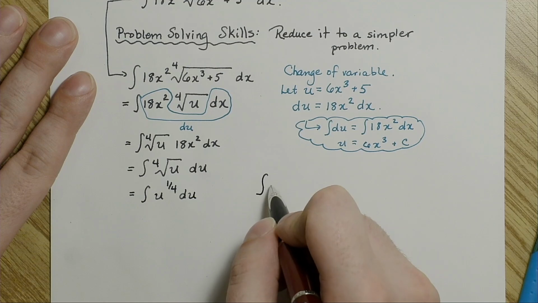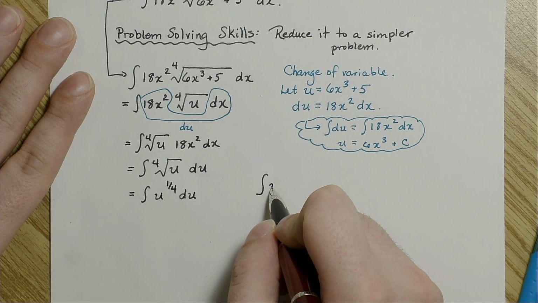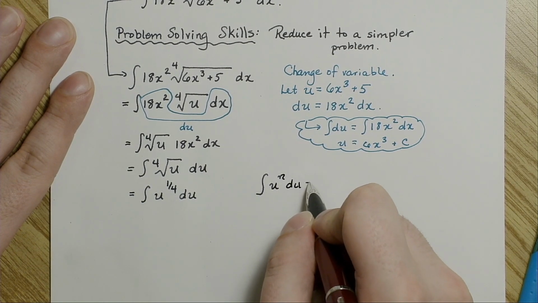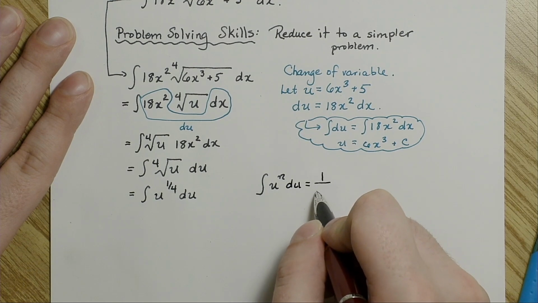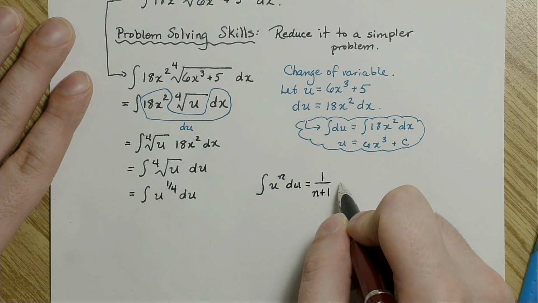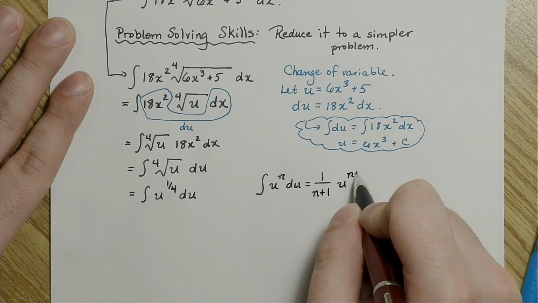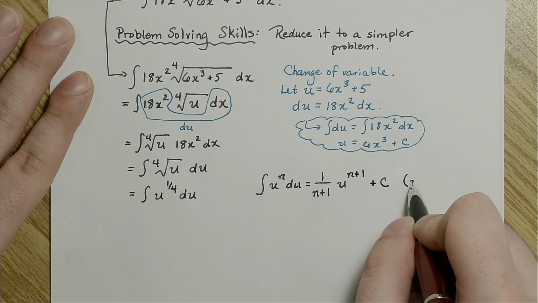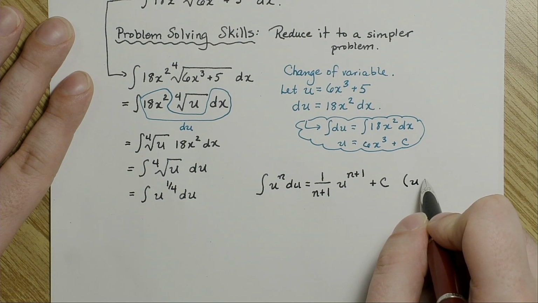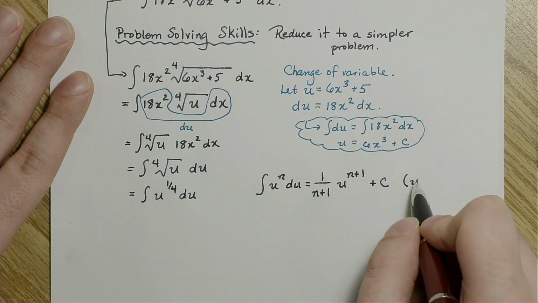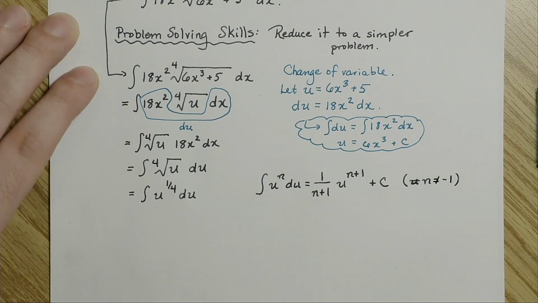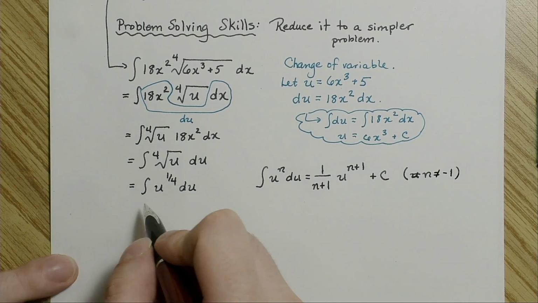The power rule says that if I had the integral of u to the n du, that's equal to 1 over n plus 1 times u to the n plus 1, plus a constant. And that's only if n is not equal to minus 1, right? Otherwise we have a special rule for that.